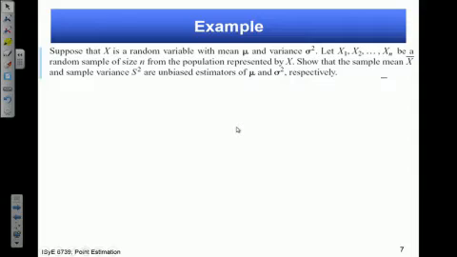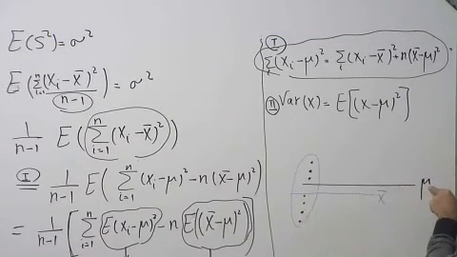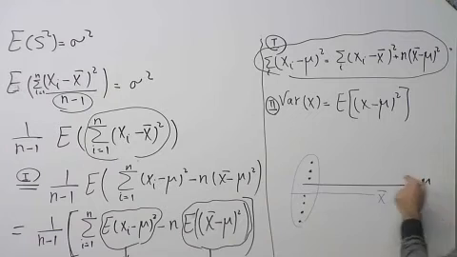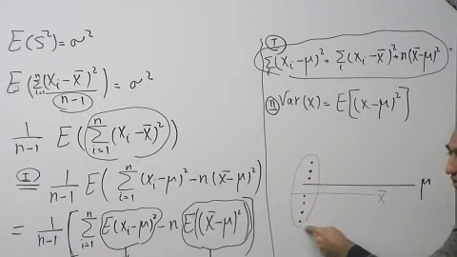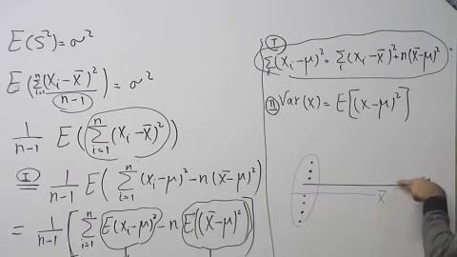Let's say this is the average of these numbers. This is x bar. So what it says is the deviation of each individual observation from mu is the same as the deviation of these observations from x bar plus the deviation of x bar from mu.